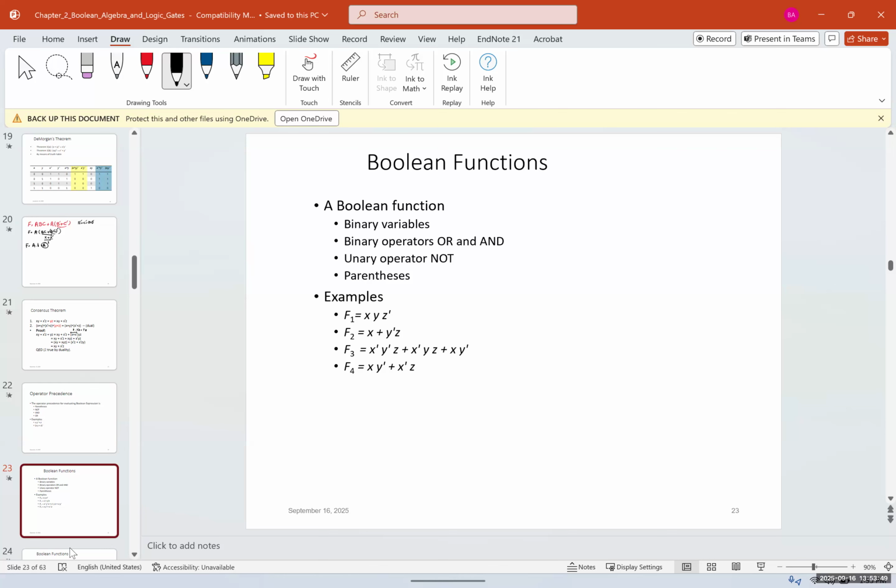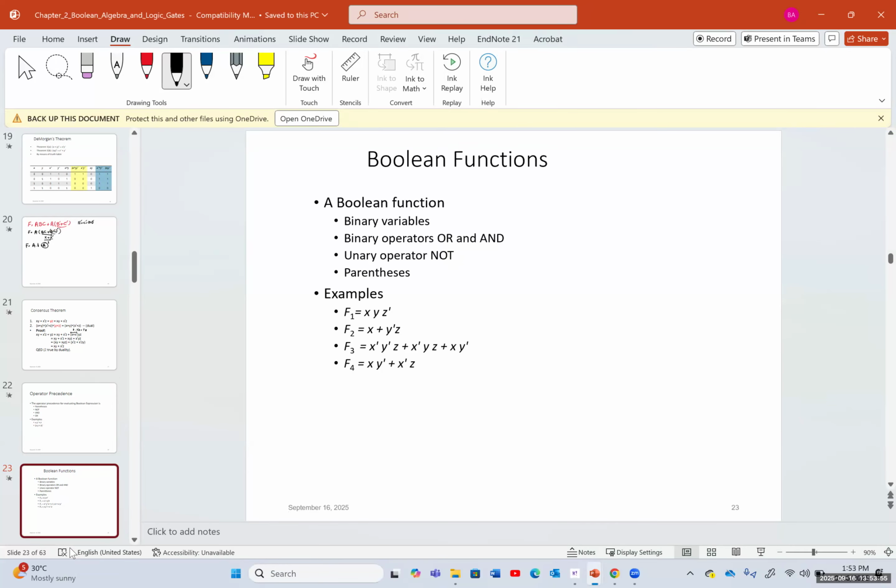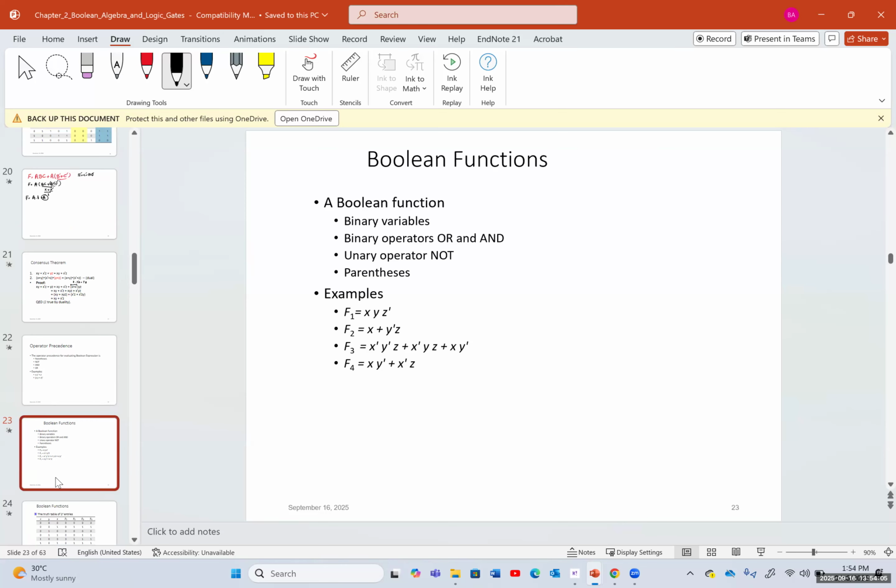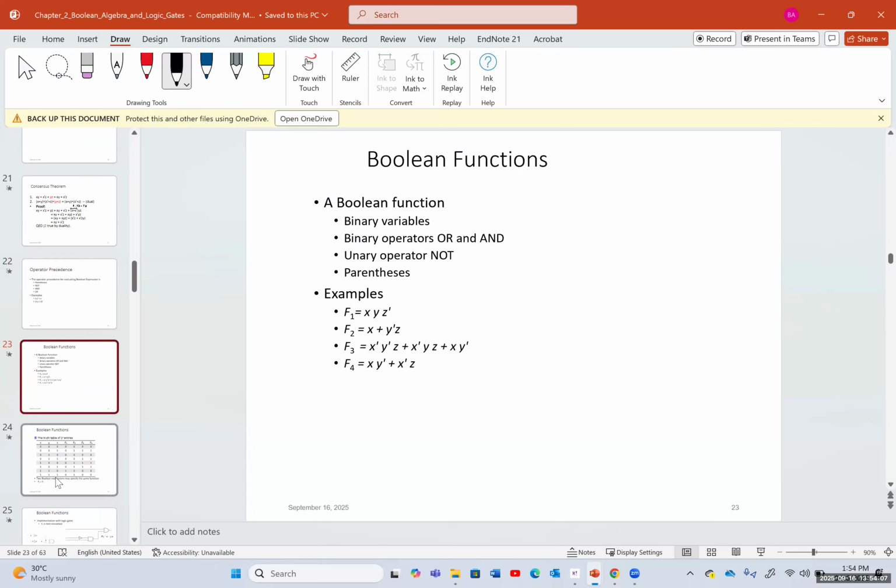And f2 is equal to x plus y prime z. f3 is equal to x prime y prime z plus x prime y z plus x y prime. And f4 is going to be equal to x y prime plus x prime z.